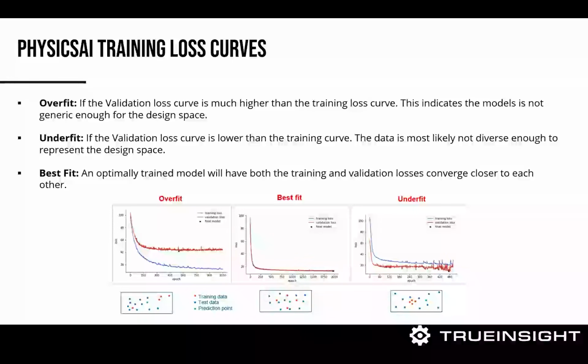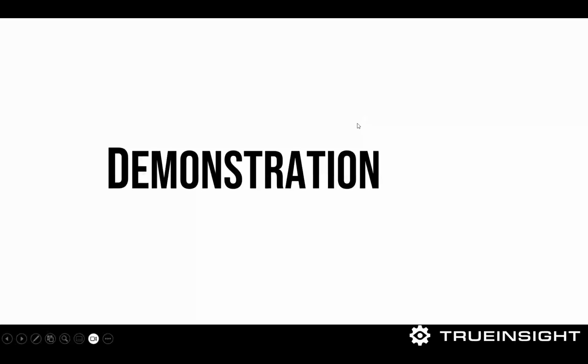Think about it like this: if you're trying to create a regression curve, and some of you probably have done some regression analysis in the past, if you have too many variables, it can really affect the design space, and if you have too little data, that can also affect your prediction model. So with that being said, let's jump into actually looking at training within the system.